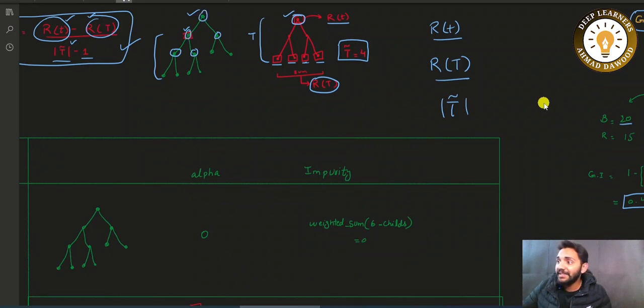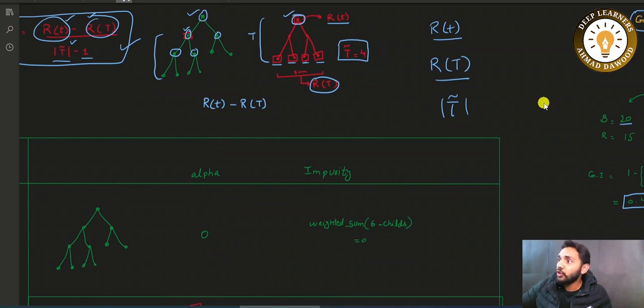Now what is the intuition? We can discuss that a little bit. Let's say r of t minus r of capital T, you can call it the decrease in impurity.